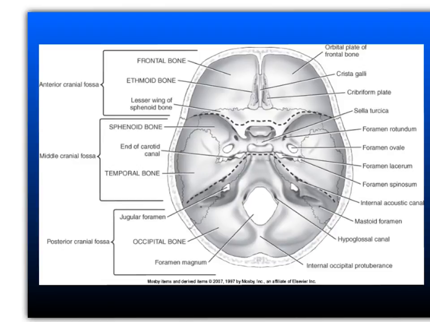There's the anterior cranial fossa, the middle cranial fossa, and the posterior cranial fossa. Certain bones fit under certain fossas. It's our brain that wants to group everything together, and it's easier for us to say, okay, the occipital bone is in the posterior cranial fossa. It's just another categorization, another way of putting bones in their places.